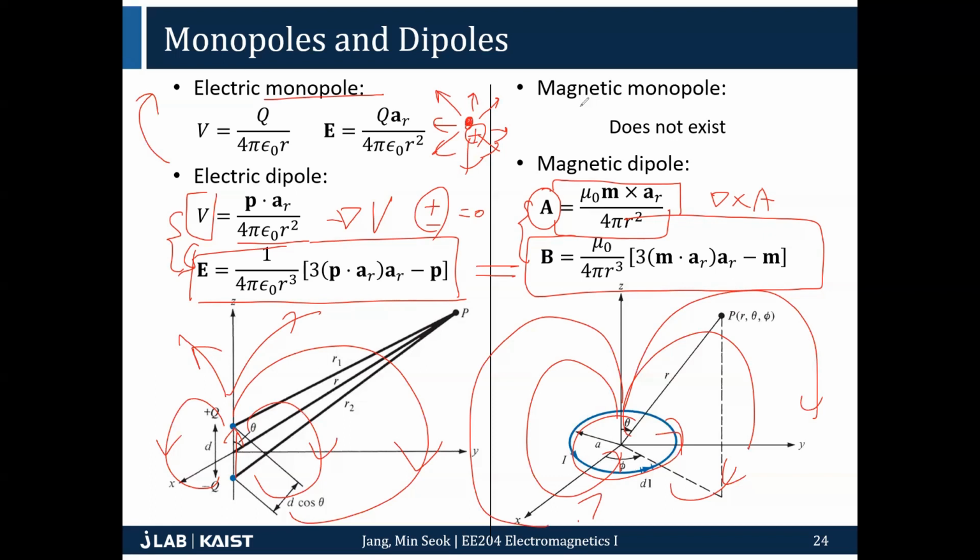And in the magnetic case, because the divergence of B is always 0, there's no magnetic monopole. Magnetic field is never created in a diverging manner. So there's nothing like a magnetic monopole in this case. But for dipoles, both cases exist and they have exactly the same field pattern.